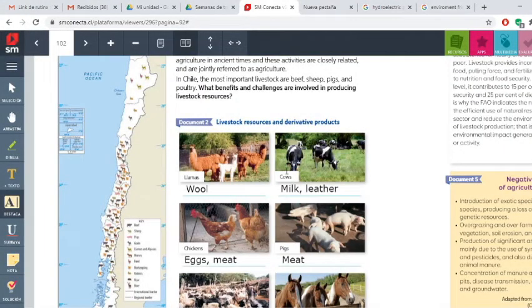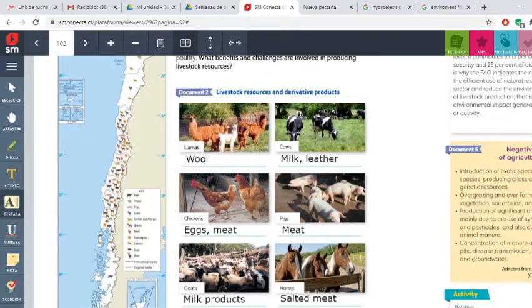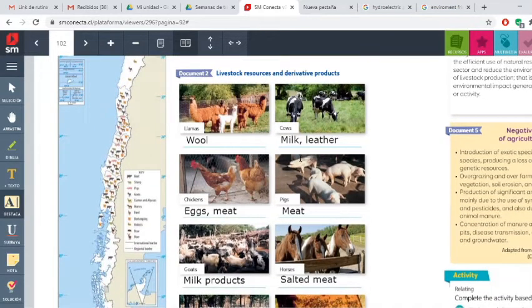Quickly, we're going to move to page 102 and let's focus on document 2 because we're going to take a look at the different animals and the different things they produce. For example, in document 2, we see llamas that produce wool, cows, milk or leather, chickens, eggs or meat. The pigs also produce meat as well.